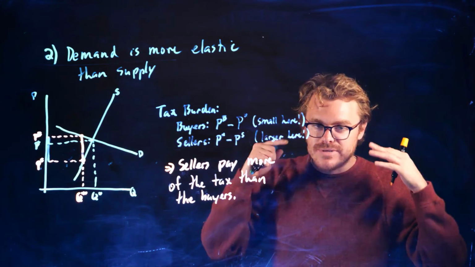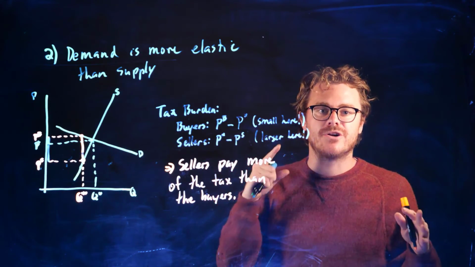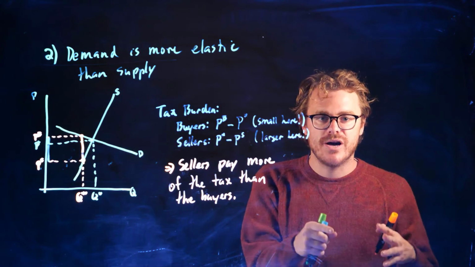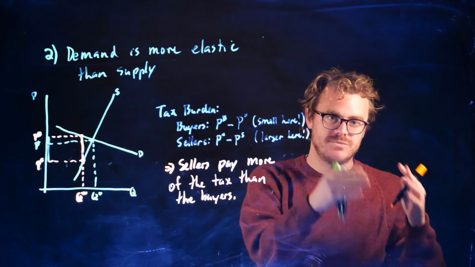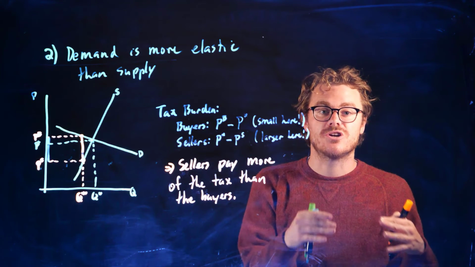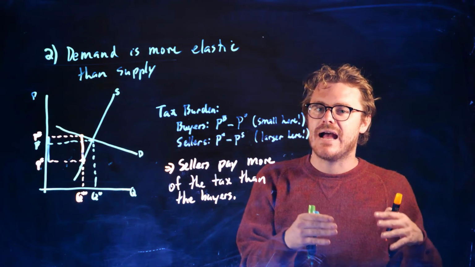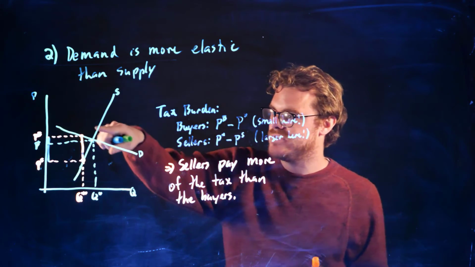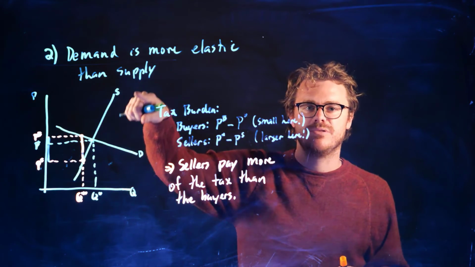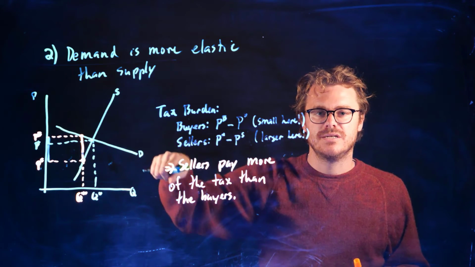So again, we can see it doesn't matter who the tax is actually put on, whether we charge a tax for selling the good or charge a tax for buying the good. Who ends up paying how much of this tax depends on the relative elasticities of the supply and demand curves.